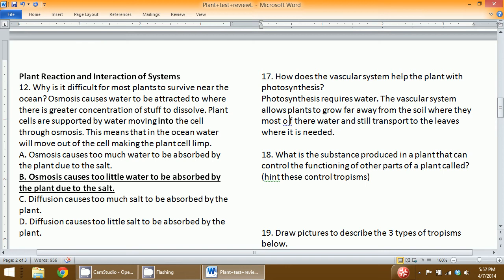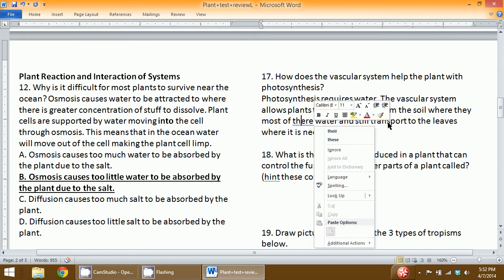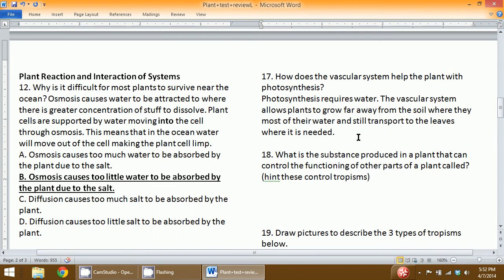That said, of course, plants also need water for all of their other purposes. Just like us, we also have to get chemicals to our cells, away from our other cells, and that's why we're able to get so big. So again, to grow far away from the soil, that's how they're able to get so big.